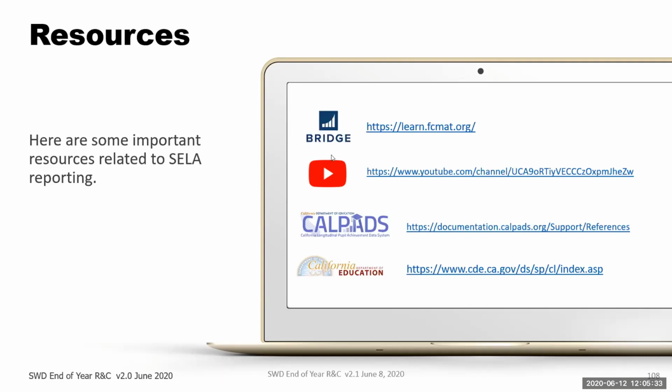If not, we post all the trainings at the CSIS YouTube channel, and that's here. And then the CalPADS user manual is the only official document that you're not going to find on this system documentation page. However, these 2 bottom links will give you access to the user manual, the data guide, the code set, the error list, the CFS, all those official documents.